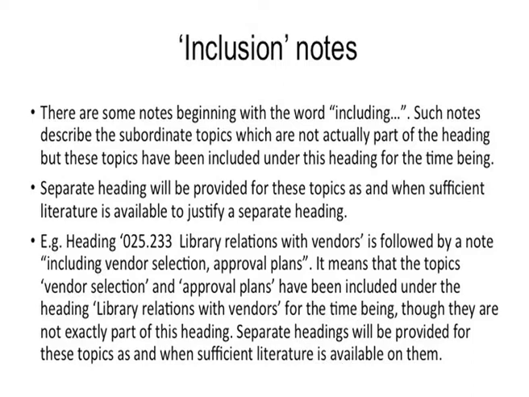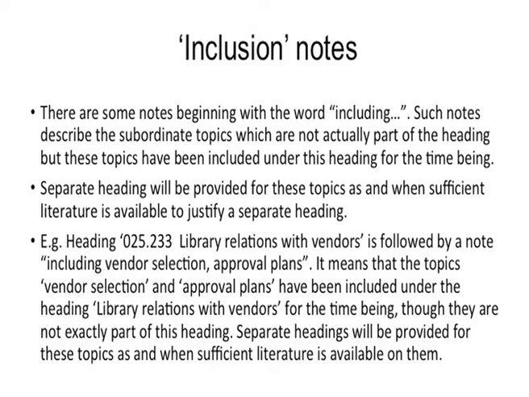Such notes describe the subordinate topics of the heading which are not actually part of the heading, but these topics have been included under this heading for the time being on an ad hoc basis. Separate headings will be provided for these topics as and when sufficient literature is available to justify a separate heading.